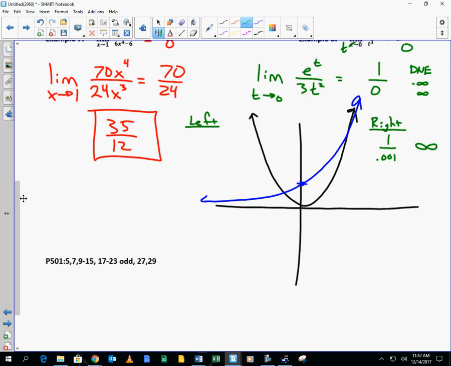Look at the left side. The blue function, okay? As I trend towards 0, what does the function trend towards? Okay? Now, I'm going to have x approach 0 from the left side. What does the function approach? 0. But are the values positive or negative?